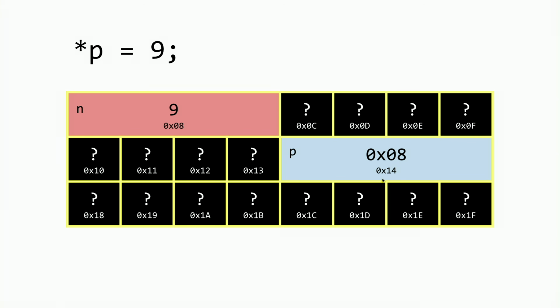So look at this address, 0x08, and then go to that address. So we're looking now at 0x08, which is where n is stored, and then set that value to 9. So I've now changed the value of n without actually modifying n itself. Instead, we just modified it using the pointer.